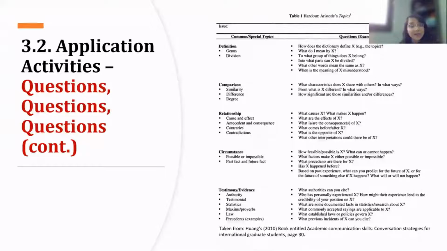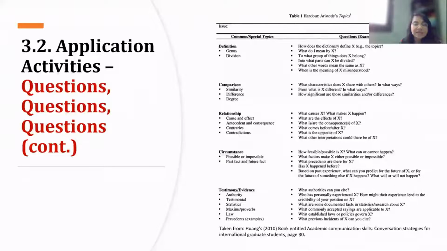What comes before X? What comes after X? If it is about circumstance, you can ask how feasible or how possible is X? What can or cannot happen? And many other questions can be used for asking about circumstance.